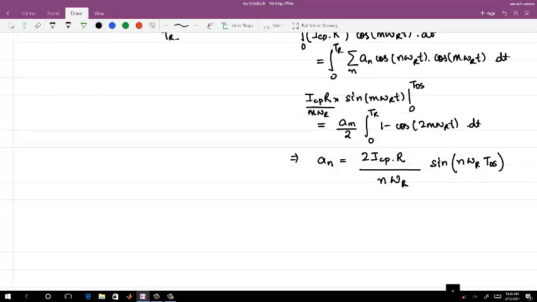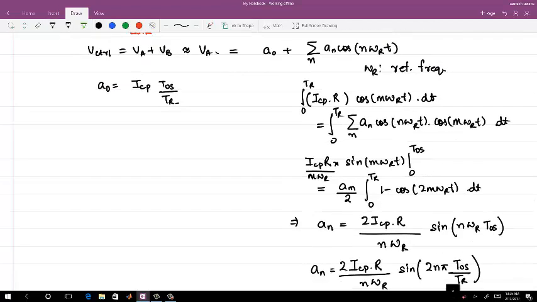Let me write it as ICP times R, n omega r into sine of 2 n pi t offset by tr.